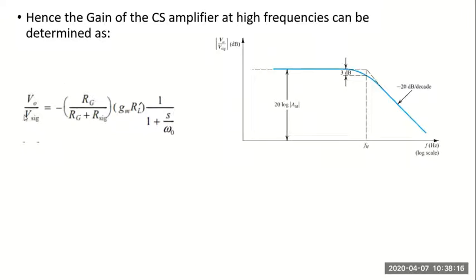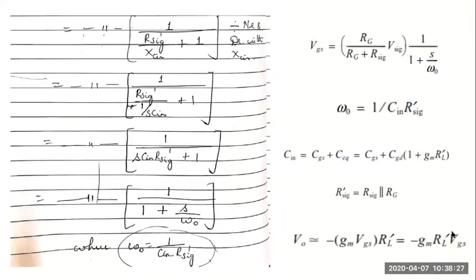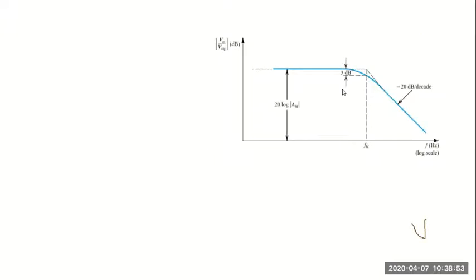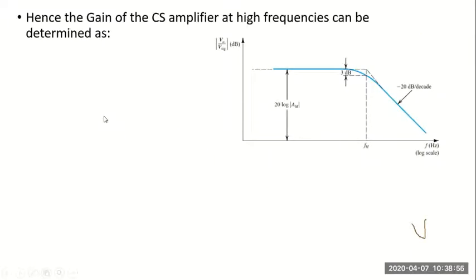Sorry for the disturbance. See here, V naught by Vsig we will find out. I am just bringing the Vsig after substituting for VGS from this expression. After substituting for this VGS, whatever Vsig you have here, you bring it to the left hand side, and you will get this expression.